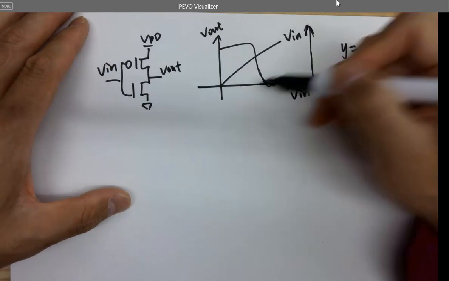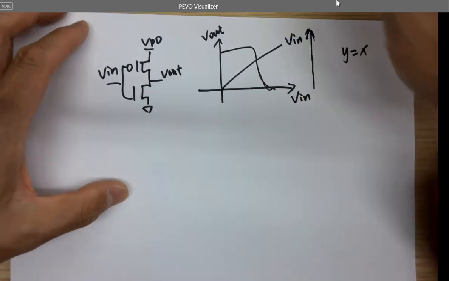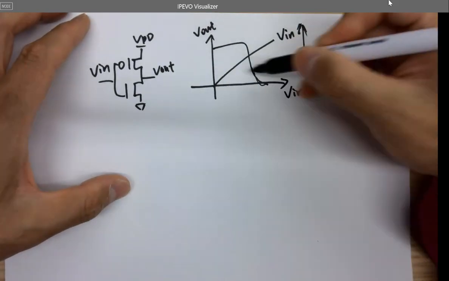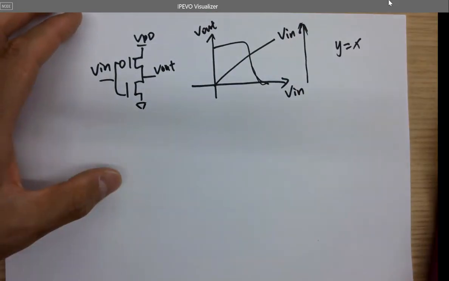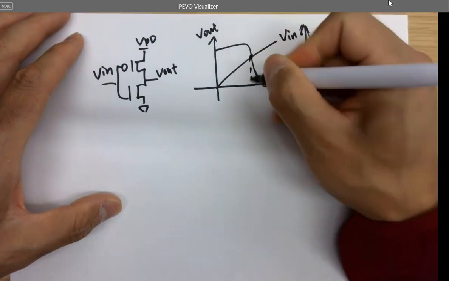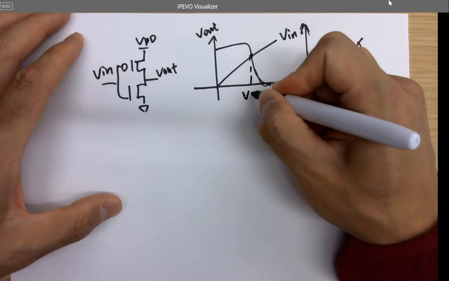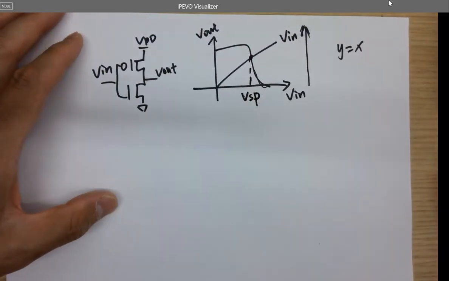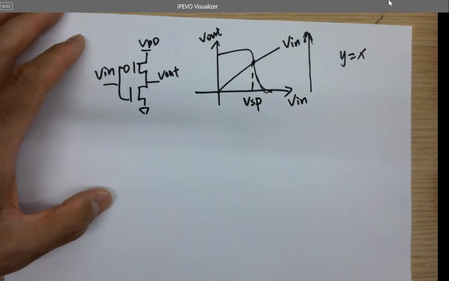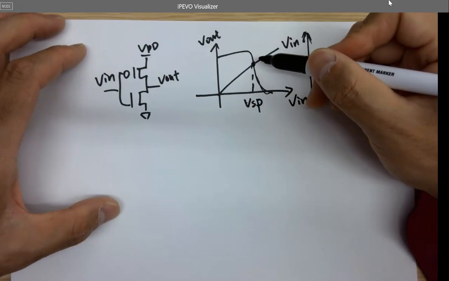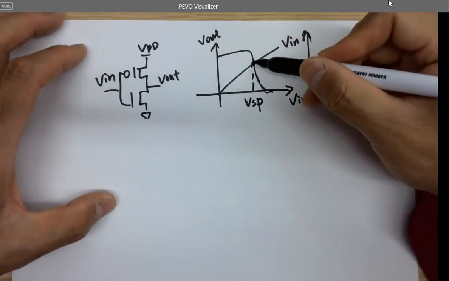And so this curve can be obtained by running a DC sweep, and the intersection here is called VSP. So over here, does V in equal VL?